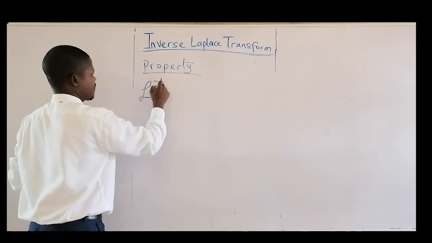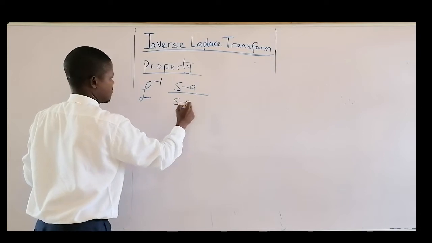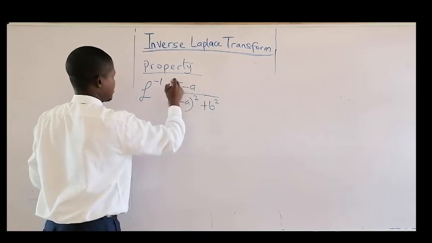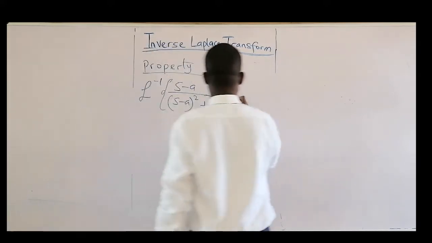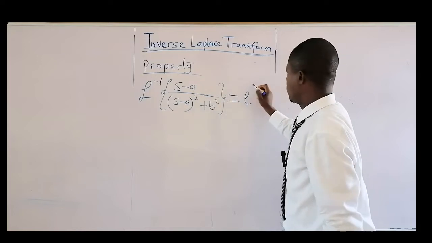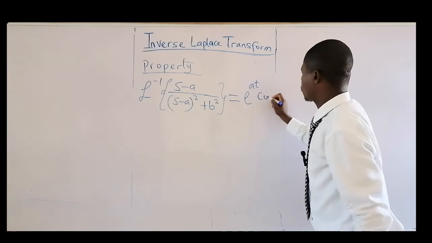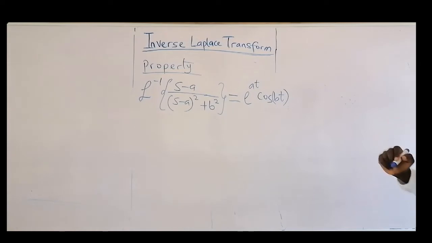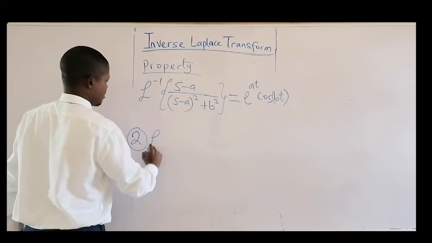The inverse of s minus a over (s minus a) squared plus b squared is equal to e to the power at, because this and these are the same, times cos bt. That's one property.